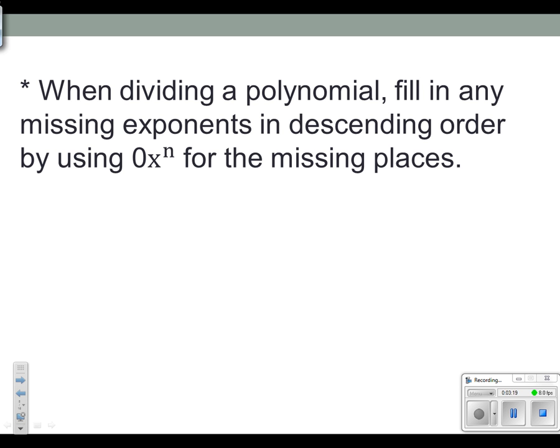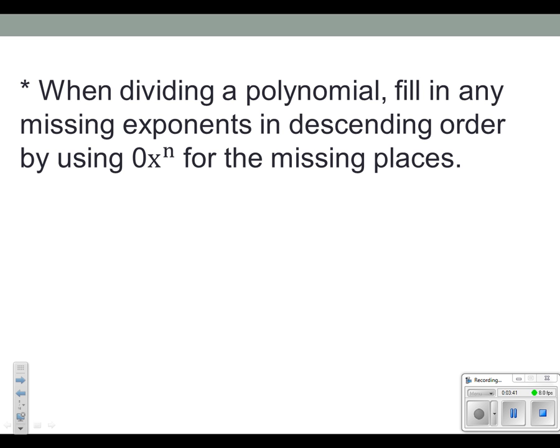One key thing with long division, or in this lesson we're also going to be looking at synthetic division, is that sometimes some of your powers are missing. Maybe your polynomial has a fourth power in it and a third power in it, and maybe it skips the x term or x squared term. You're going to want to fill in with a 0x squared in that spot.